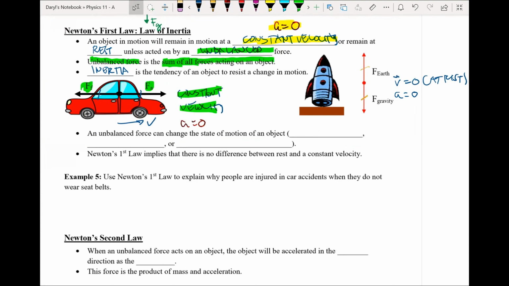So the state of motion can be at rest. So you can have the object at rest. It could be accelerating, or moving with constant velocity.